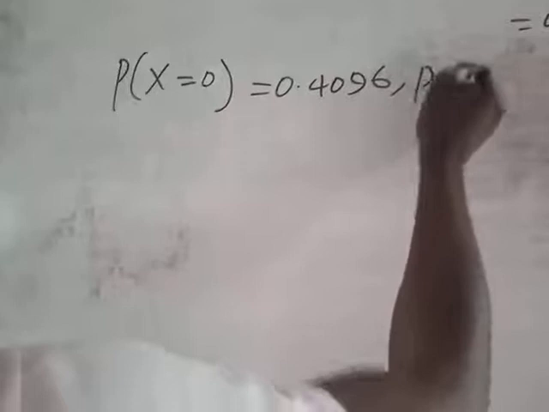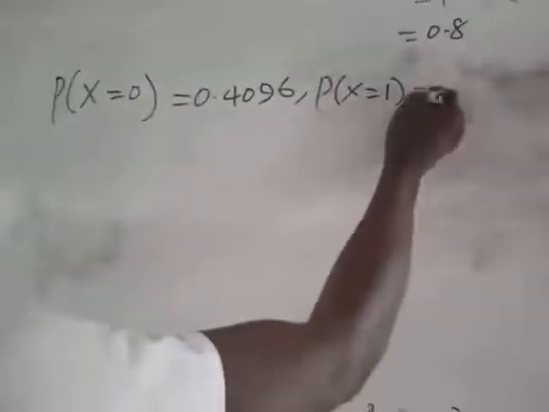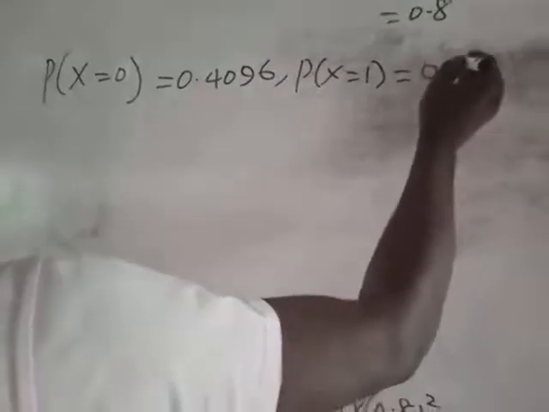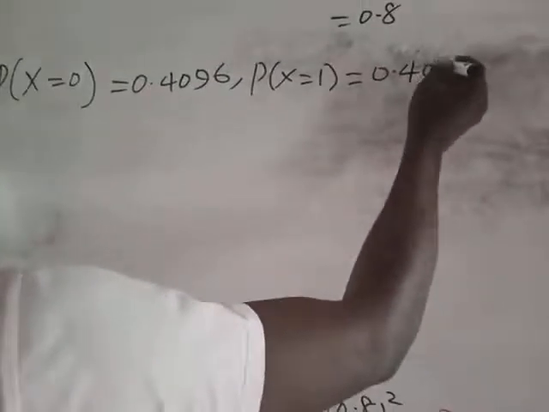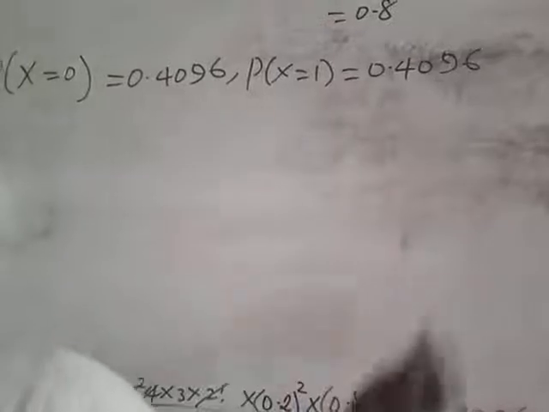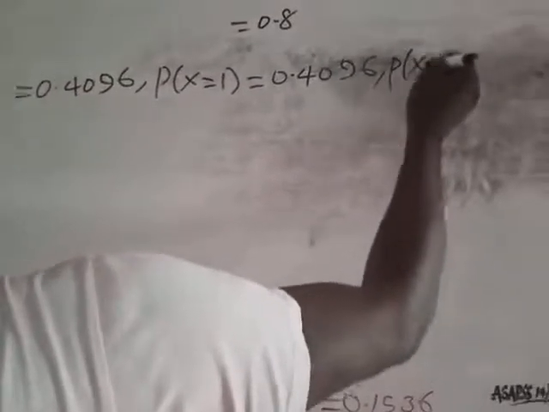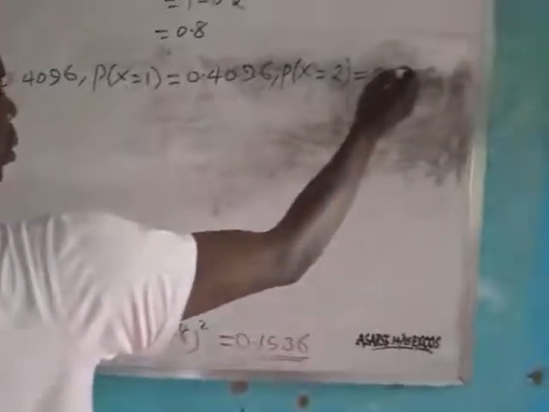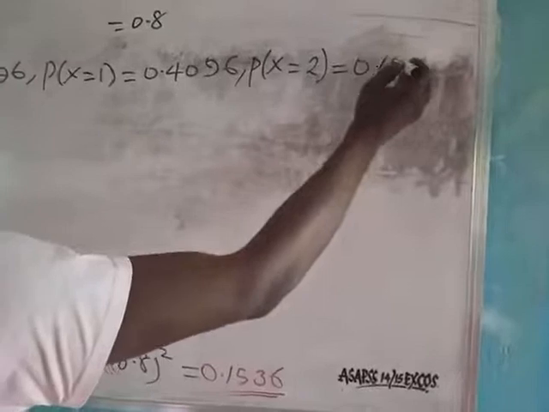The probability of x equal to 1, we got 0.4096, and the probability of x equal to 2 is equal to 0.1536.